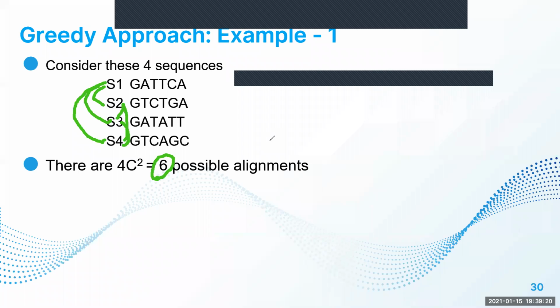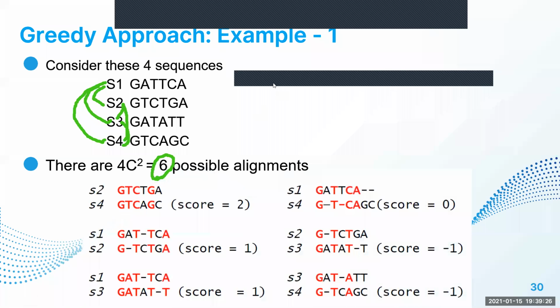Then you have those pairs, but you still haven't aligned them. You have these 6 pairs. Now you're going to do the pairwise alignment. You take S2 and S4 and do the pairwise alignment.